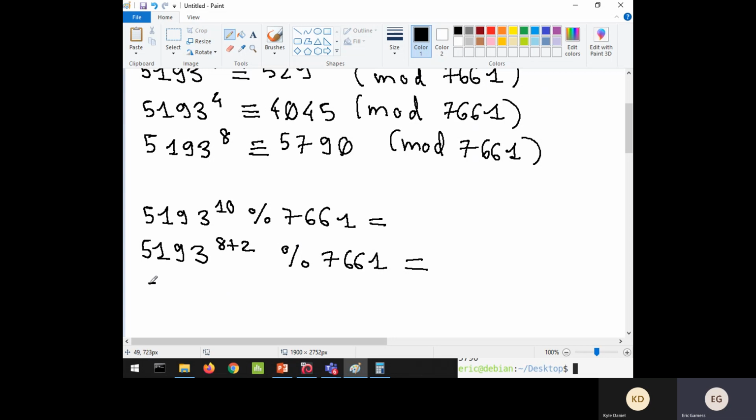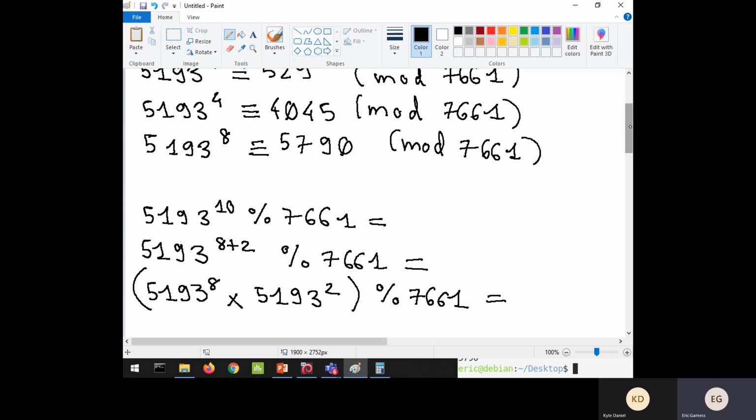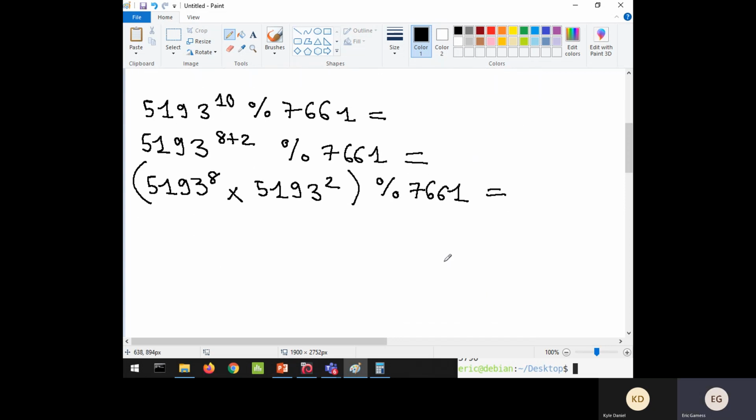What can I say? This will be 8 times square, isn't it? All this modulus 7,661, isn't it? Do you agree? So according to the property, I can do like that.